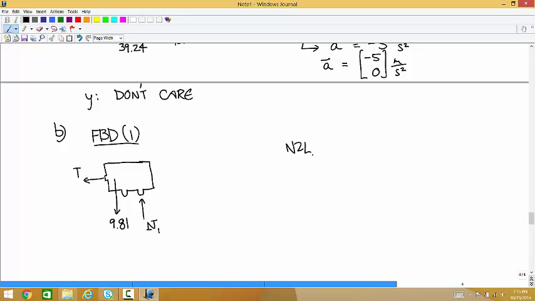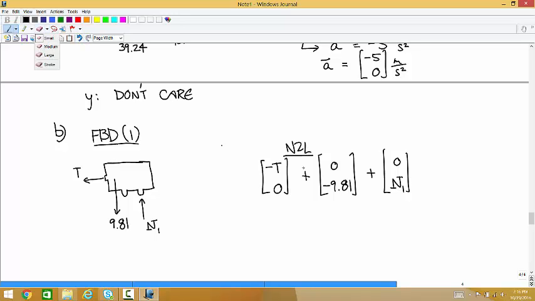Okay, so Newton's second law says negative T, 0, plus 0, negative 9.81, plus N1, 0, is equal to the mass, 1, times the acceleration that we just calculated, negative 5, 0.